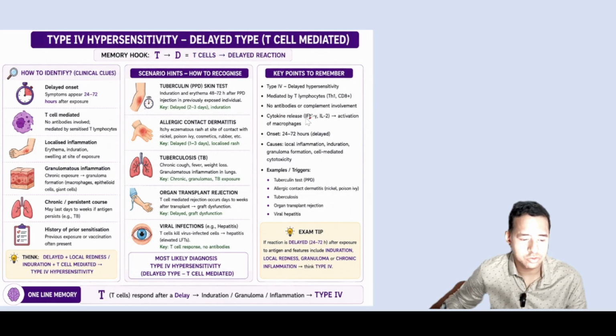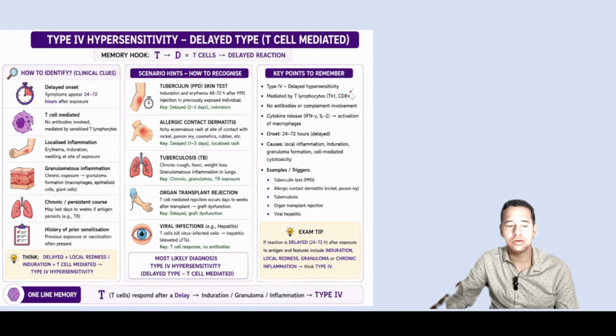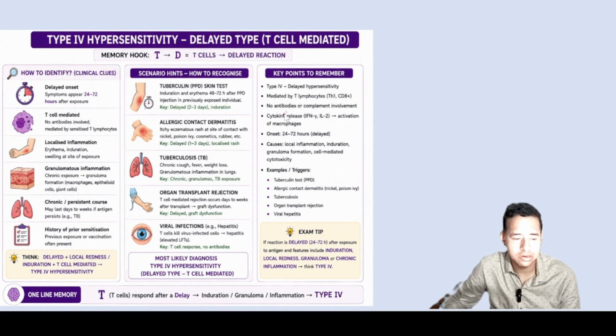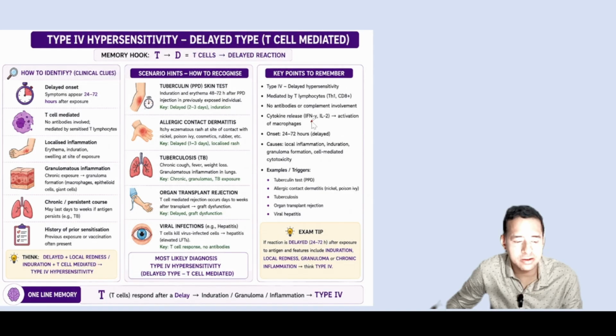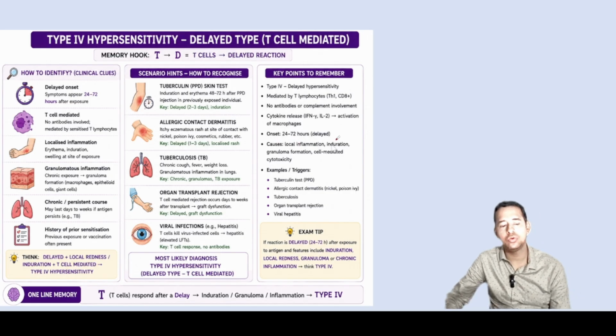So here, let me go to the key points. Type 4 is delayed hypersensitivity as we discussed, and it is mediated by T lymphocytes, Th1 and CD8 plus. No antibody or complement involvement. Cytokine release, interferon and IL2, interleukin 2, leads to activation of macrophages, and onset is 24 to 72 hours delayed.